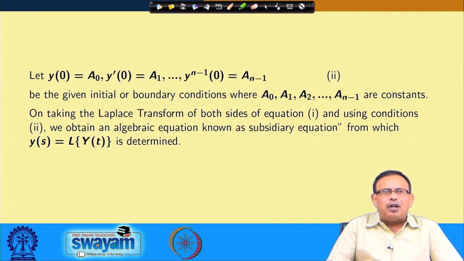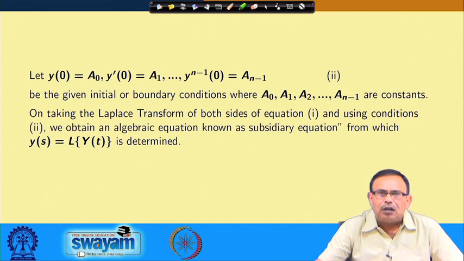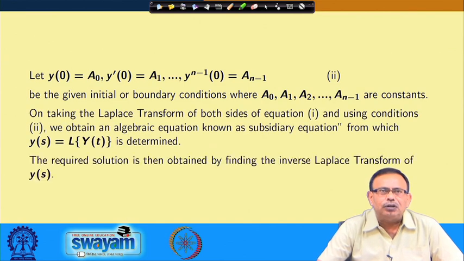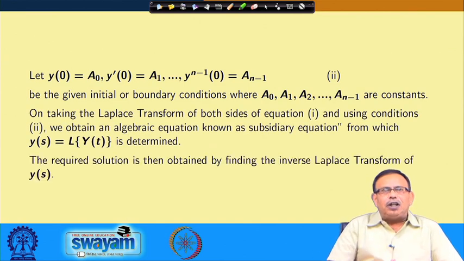From that subsidiary equation I can find a solution in the form Y(s) equals the Laplace transform of y(t). Once I have this, using the inverse Laplace transform, the required solution is obtained by finding the inverse Laplace transform of Y(s).